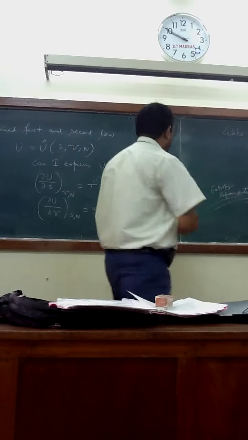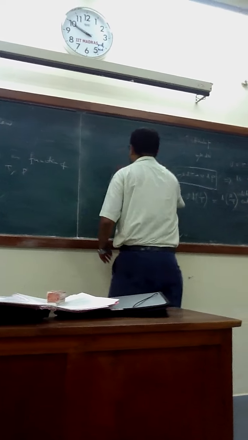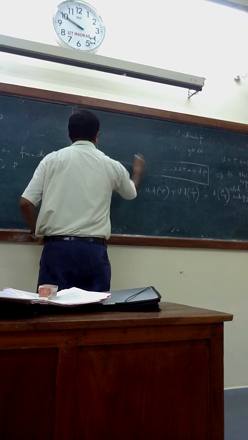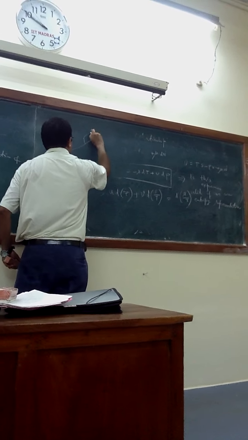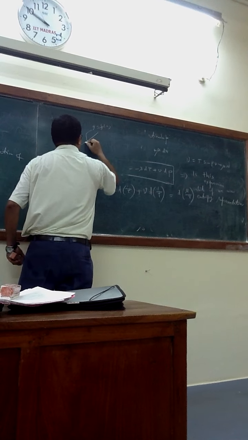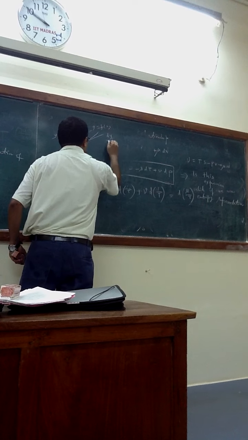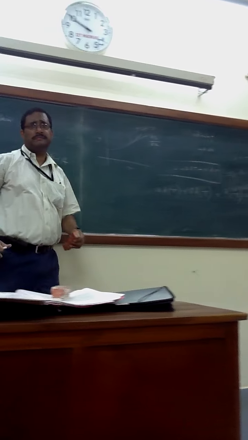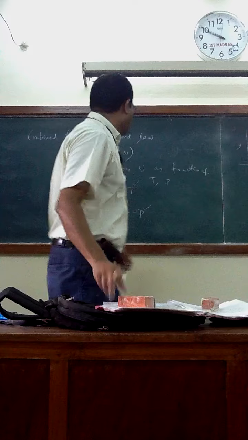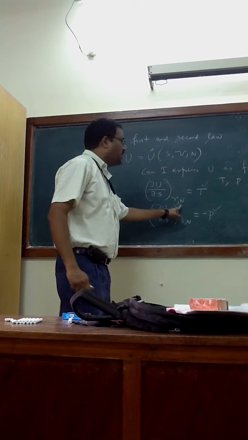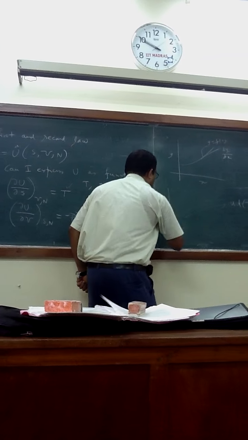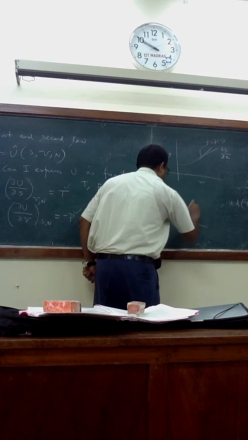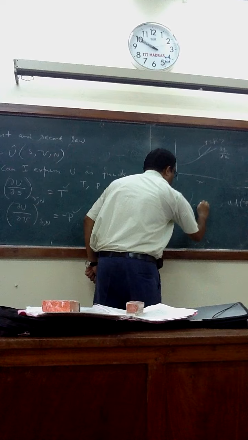If I have a function y equals f(x), the slope is dy/dx. That means if I keep V and N constant and plot U versus S, the slope is temperature.